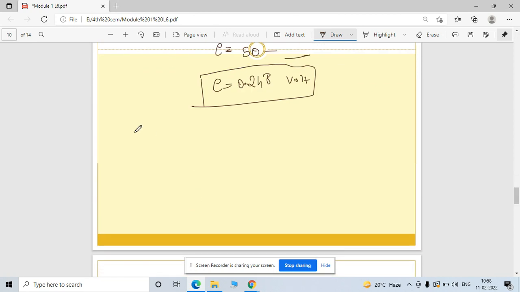We have already seen the formula of sensitivity. Sensitivity is nothing but the change in output. Change in output here is E. The change in input for this circuit is 10 ohm. So put that value in this circuit, and you are able to find the sensitivity of your circuit, which is 0.0248, and the unit is volt per ohm.